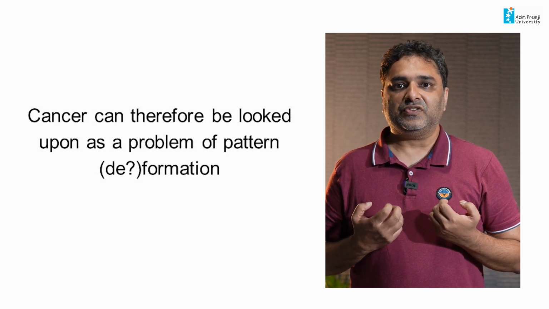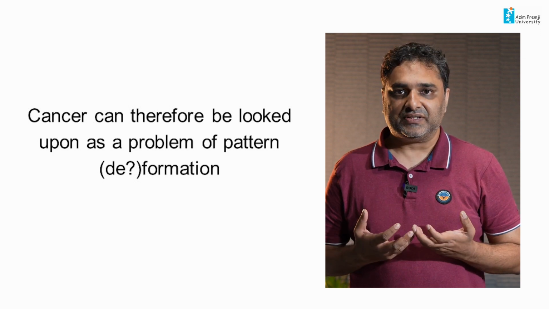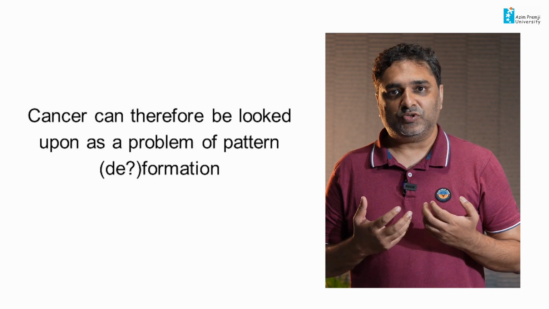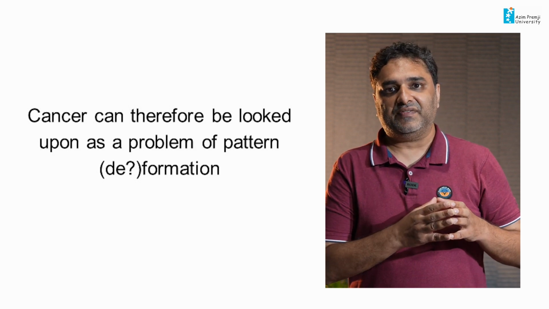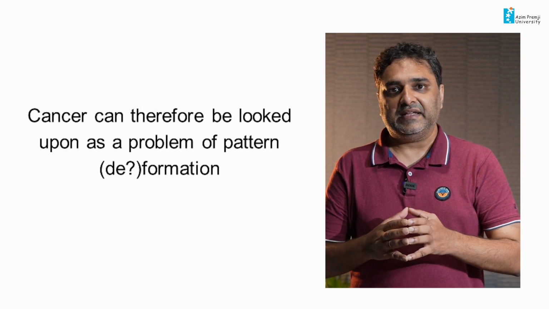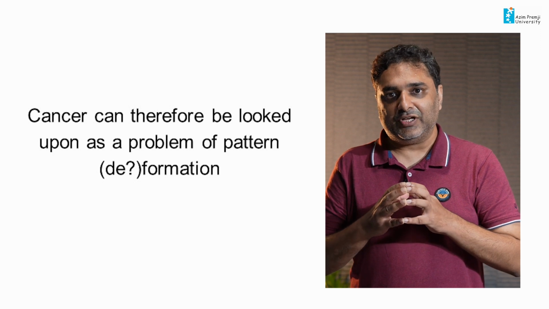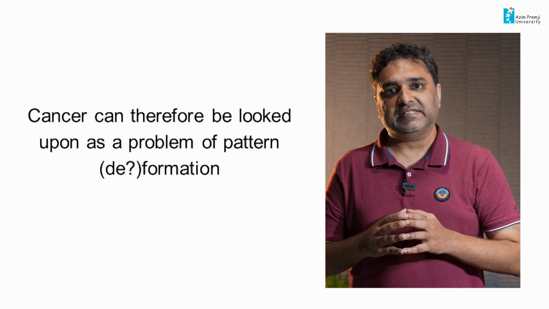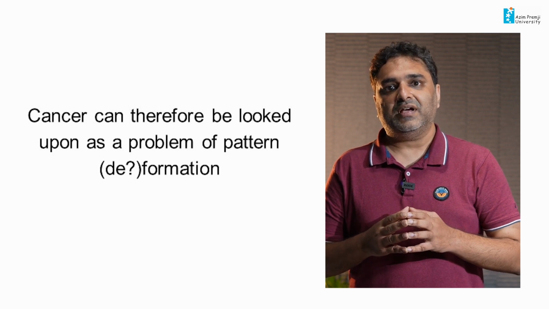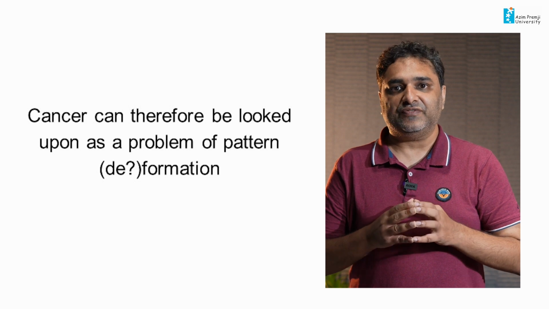Typically, the development of organs is understood to be through a process of pattern formation, where cells have come together and have given rise to these unique patterns that make our livers different from our spleen and our spleen different from our kidneys. Each organ has a unique pattern of cells, and therefore cancers of all these organs can be understood to be a process of reversal of this pattern, or a pattern deformation.